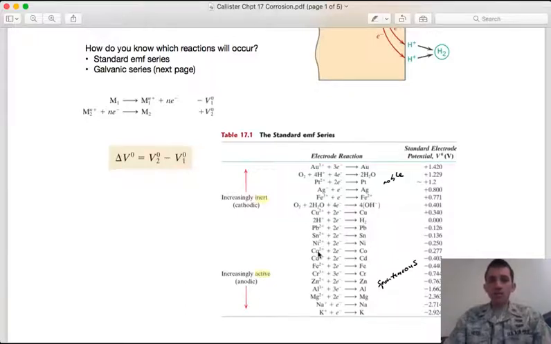So you could make a cell out of hydrogen plus any of these half reactions, and that would essentially be a battery, and it would produce a potential.